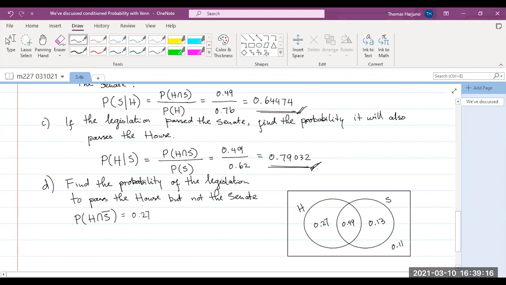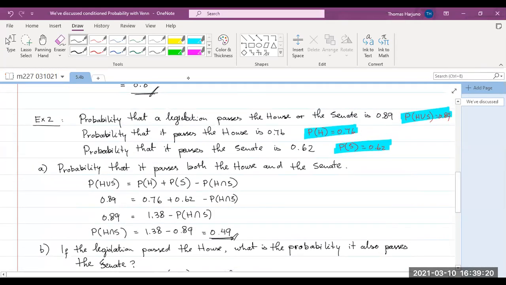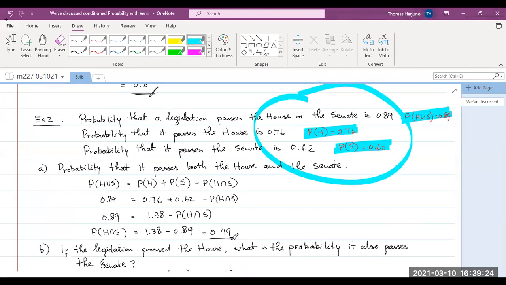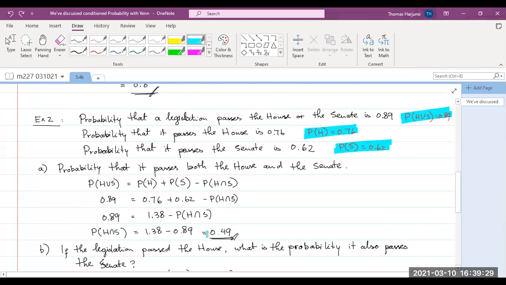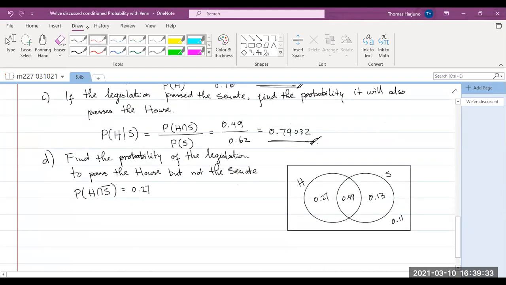If we don't have the Venn diagram, if you only have that information, then how would you do that? Let's say you have the intersection. Okay, then how would you do that? The way we think is the following.